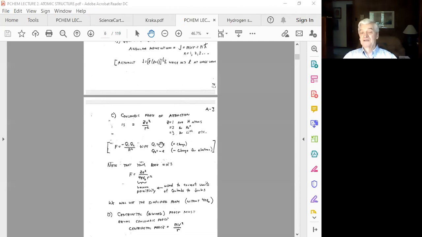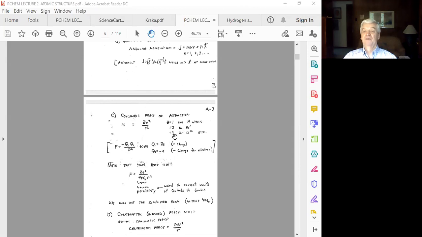So I'm going to stick in the possibility that our nucleus has a charge Z times E instead of just E. So E is the electron charge. That's easy to remember and understand since we're talking about an electron. The electron has a charge of minus E, but the charge of a proton is plus E. If we have the hydrogen atom, Z is equal to 1, and so we just have a plus E charge.